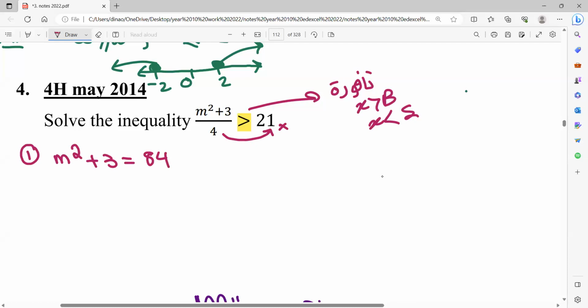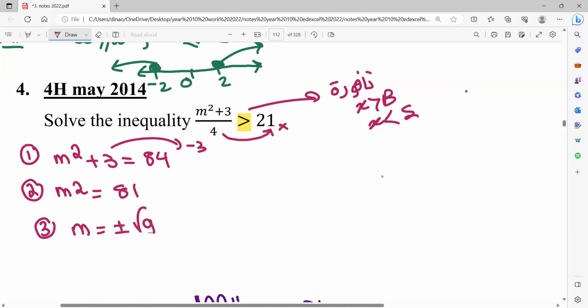And then move the 3 by subtraction. So you end up with m squared, 84 minus 3, which is 81. And then step number 3 is the final answer of this equation, which is positive and negative root 81. أنا بعمل بالتفصيل بس. So of course the m is equal to positive and negative 9.